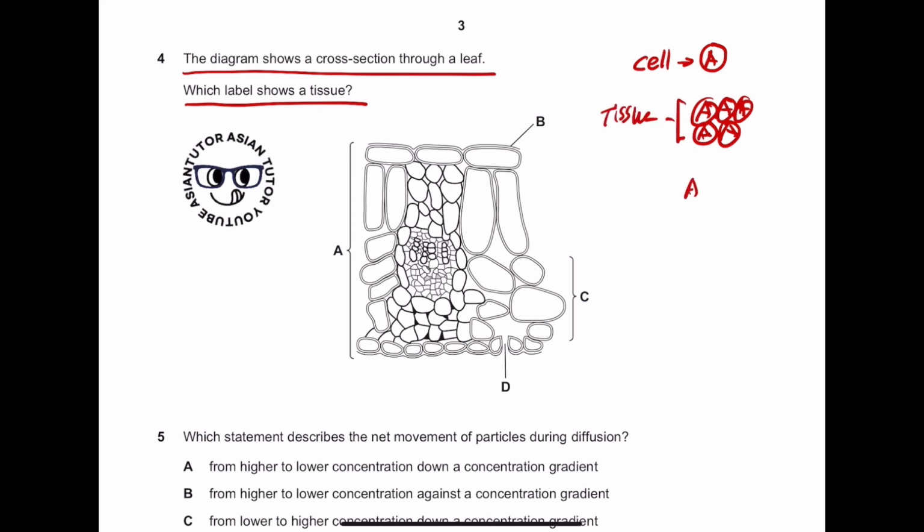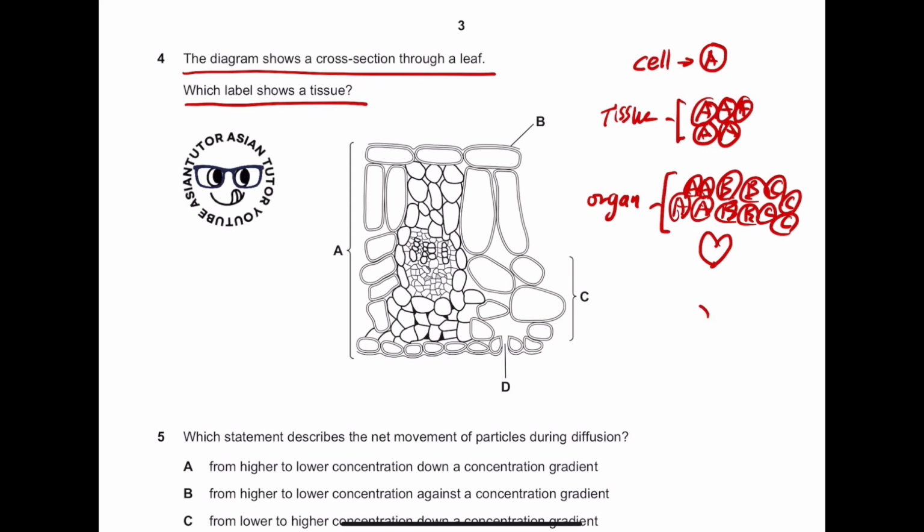Okay, but if you have a lot of A's and a lot of B's, the cell B's, and a lot of cells called C's as well, then the whole thing now is called an organ. Okay, like the heart or the lungs and so on.